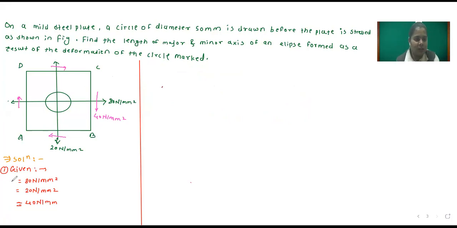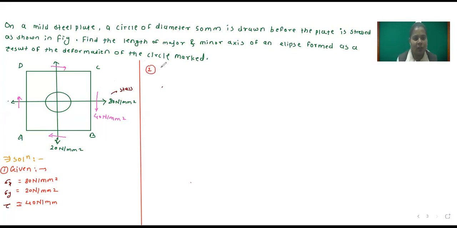Here sigma x is given, sigma y is given, and then tau is given, because in this figure the values are given with respect to stresses. So these stresses are given. Now we will calculate maximum and minimum principal stress accordingly.